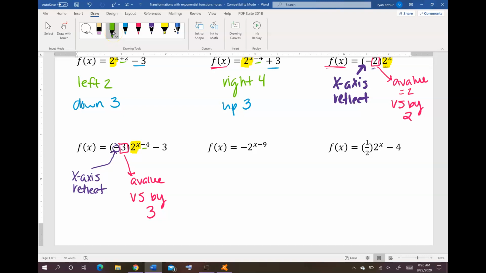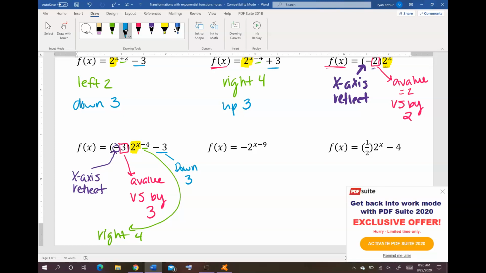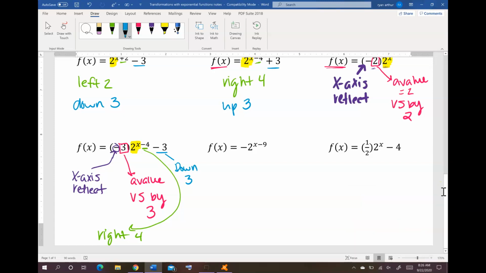So this minus 4 up here, that's going to be a right 4, had a brain lock for a minute, and then the minus 3 is going to be your down 3. So that one had all the above, and that's fine. Sometimes they can have 1 transformation, sometimes they can have 6. I'm just being dramatic, but it doesn't always have to have the same amount of transformations, is what I'm trying to say.